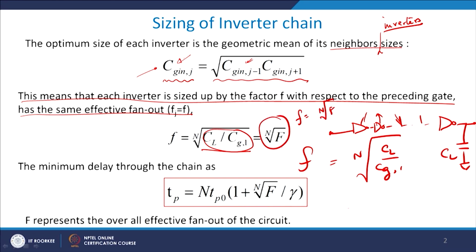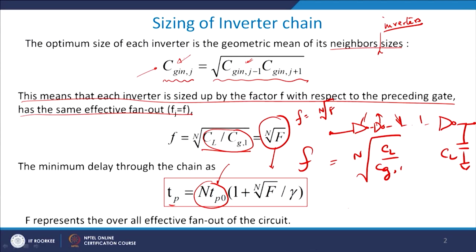Once you know this, you just have to feed it into your original equation of the chain. So, you get Tp equals to n Tp0, because if each inverter has an intrinsic delay of Tp0, and you have n such inverters in a chain, the delay will obviously be n Tp0.